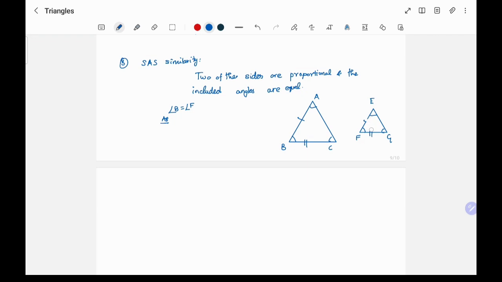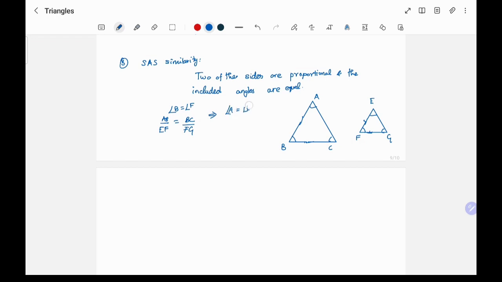It's not equal, they're proportional, sorry. So AB by EF is equal to BC by FG. Then they are similar. So from this we can get that all angles are the same.